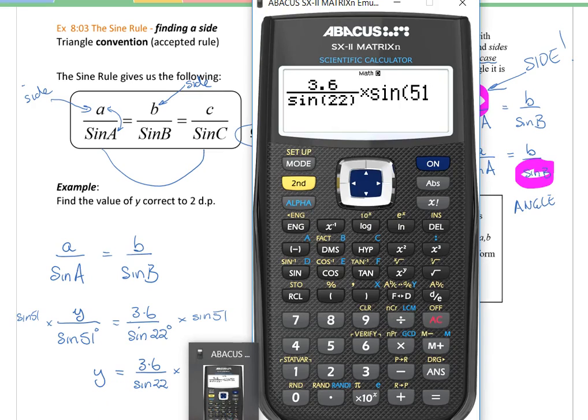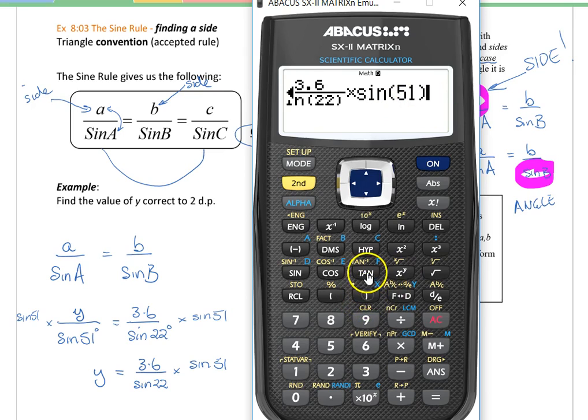Now you can see that I've done that there. Just be careful, you must close your bracket, and you must make sure you've got the D in degrees on your calculator. They're some of the reasons that you won't get the correct answer, because you don't close the bracket here or your calculator's not in degrees.